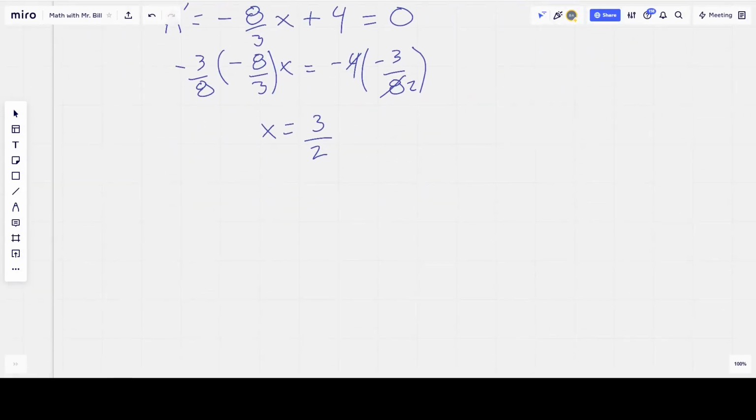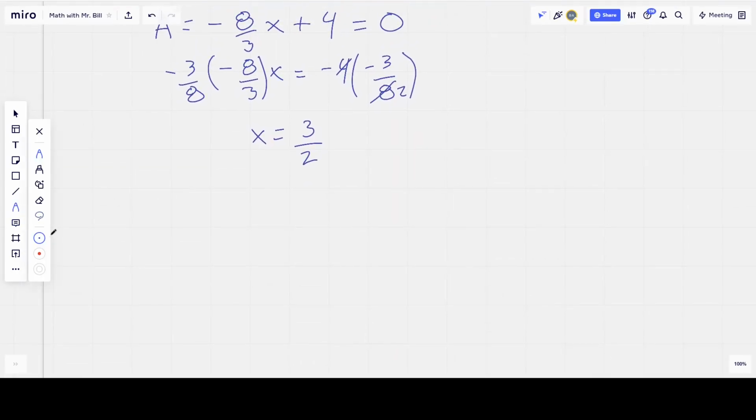Now I need to test my 3 different values for x. I'll test when x is equal to 0, when x is equal to 3/2, and when x is equal to 3. When we want to find the absolute max of something, we generally have to test where the critical points are and then the extent of what makes sense for x.